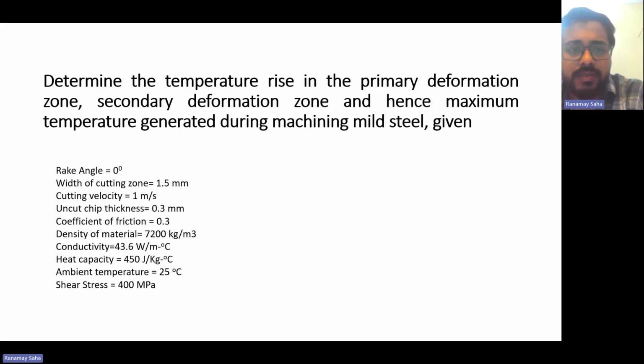In this question, you have to find out the total amount of heat generation in the primary and secondary zones, and you can simply find the temperature rise from these heat generation equations. Once you have found the temperature rise in the primary and the secondary zones, you can sum it up with the ambient temperature so as to find the total temperature rise.